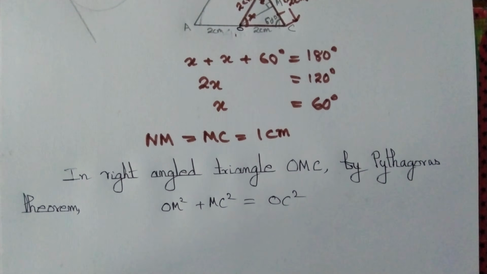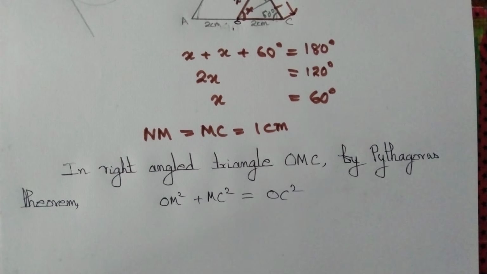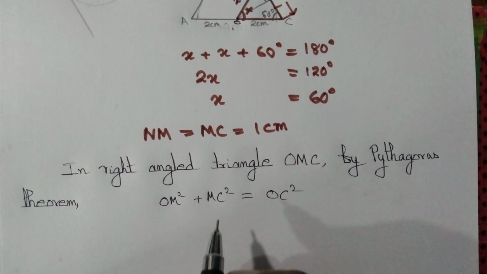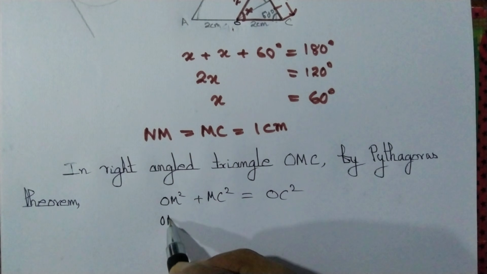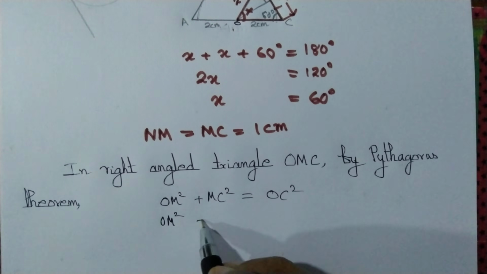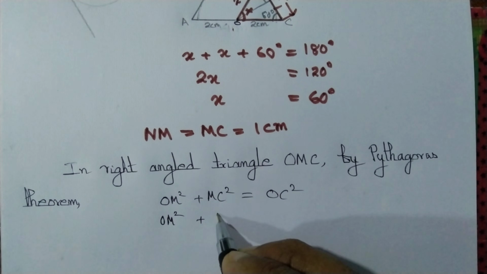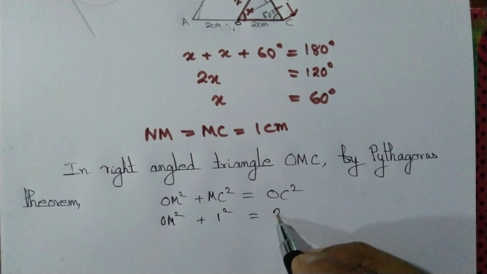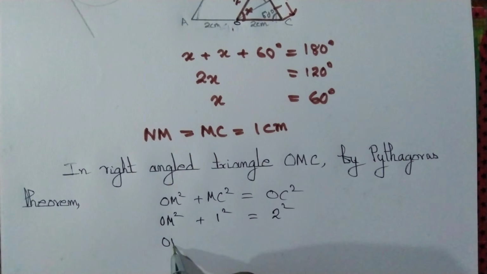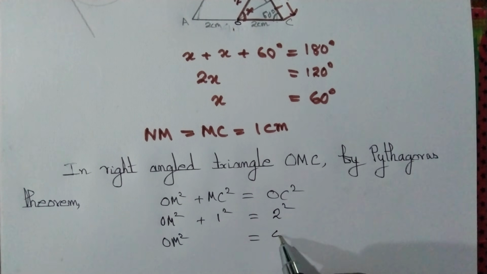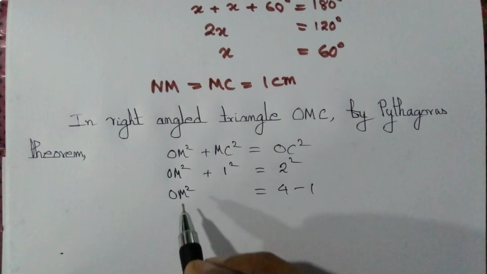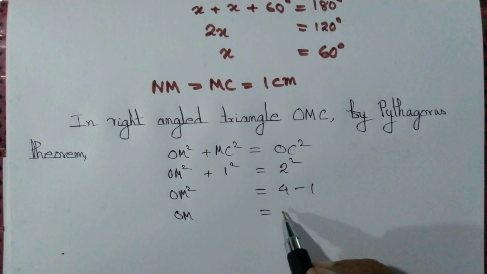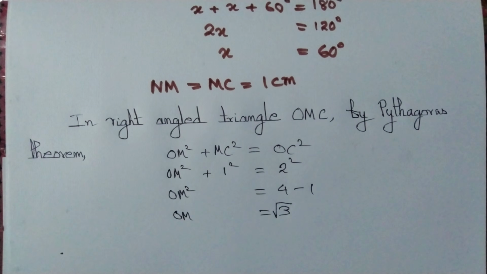OC turns out to be hypotenuse, OM and MC turns out to be perpendicular and base. OM we want to find out, that's the radius of the circle. MC it turns out to be 1 centimeter, 1 square. OC it turns out to be 2 centimeters, so 2 square. And thus OM square equal to 4 minus 1, or OM equal to square root of 3 centimeter.